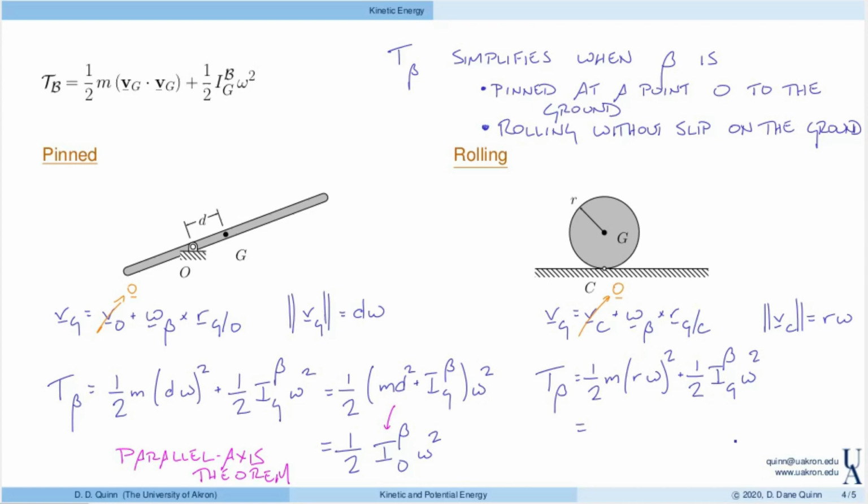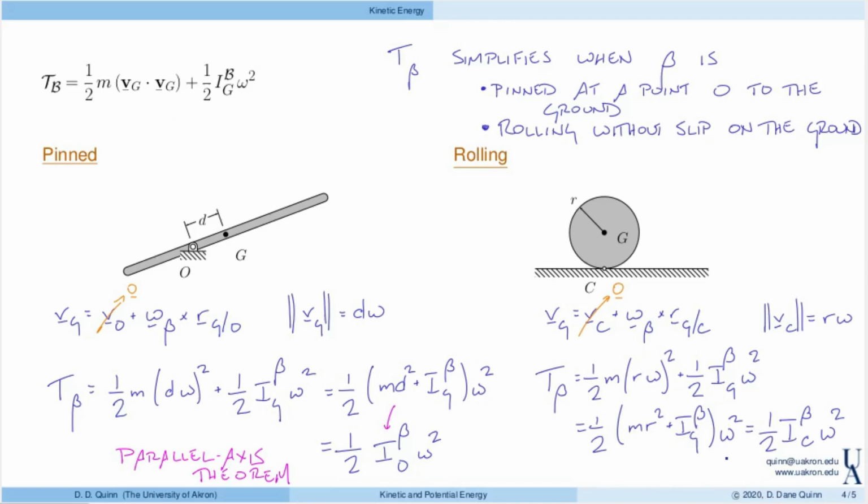So again, exactly like before, we can factor out an omega squared: m r squared plus Ig, times omega squared. And this is exactly the same kind of thing. It's now the moment of inertia about the contact point times omega squared.